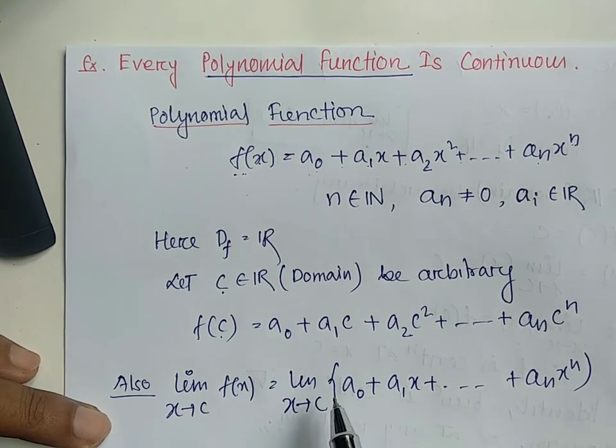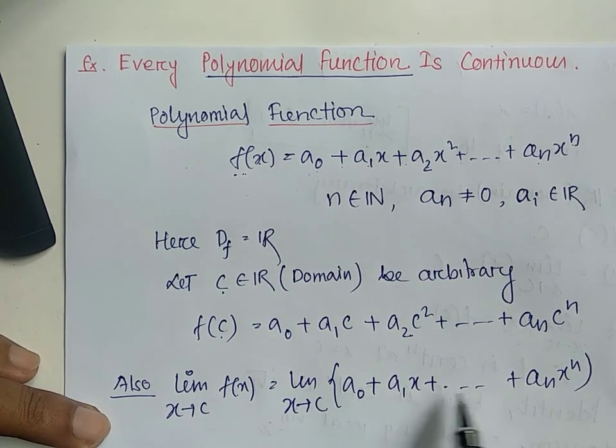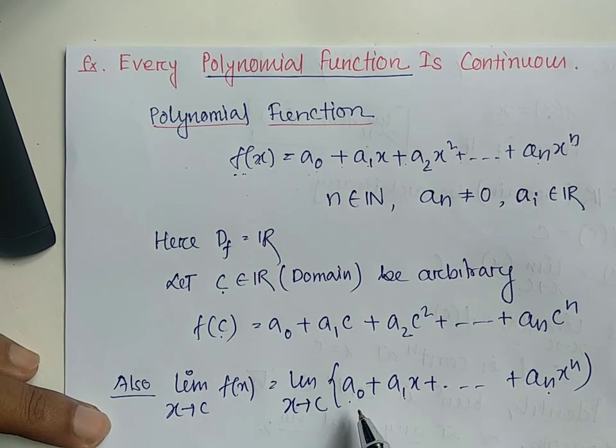Now, as the limit of each and every term exists, we can write the limit separately. In class 11 you have got it. Whenever you have to apply the limit to any expression which contains two or more terms, before applying the limit you should have confirmation that the individual limits exist or not.